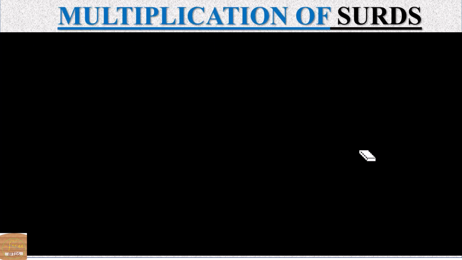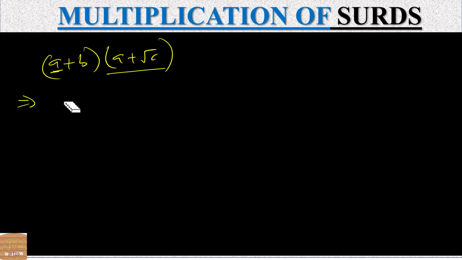Now in case you are given, let's say, A plus B times root A plus C, and you are asked to multiply, take your time. Now this A will take everything, so A will multiply A plus C, then plus B will also take it.